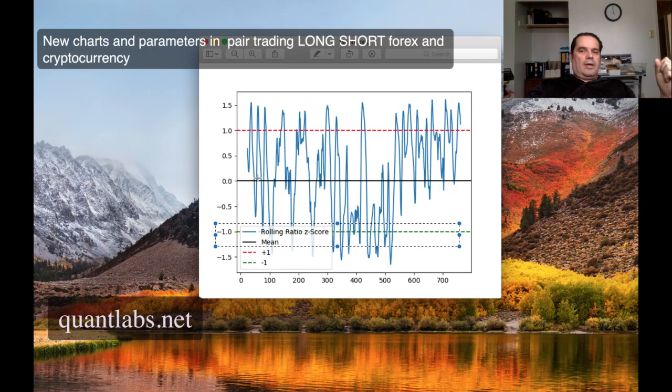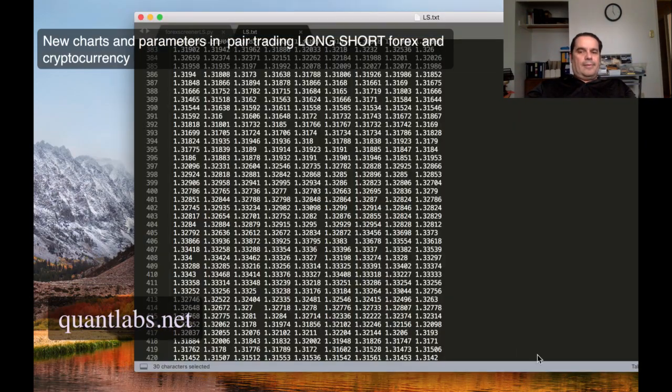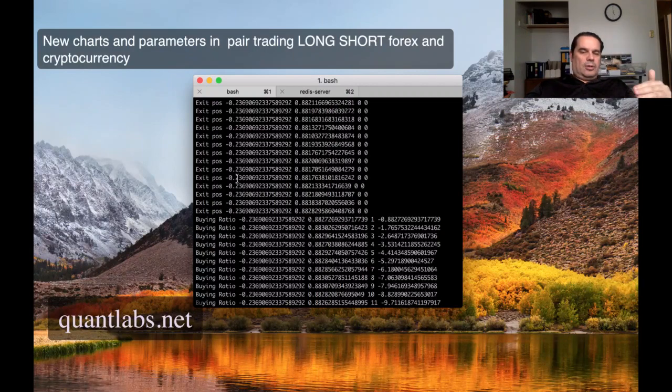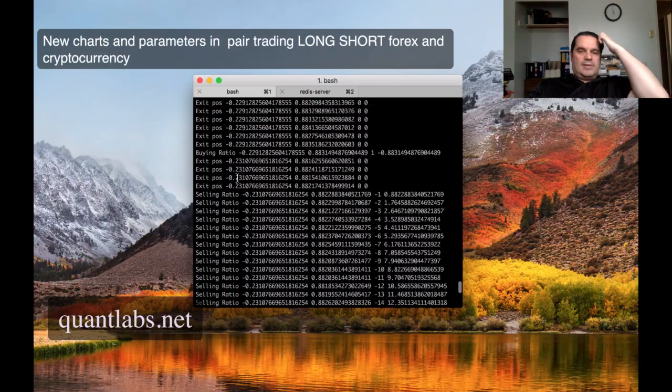So here's the mean of it at 0, and then we set parameters of 1 and -1, which essentially is the short and the buy of the buy and sell signals, and that's what we generate in this right here, the buying ratio between the two pairs, as well as the result of the exit position and the entry, which still needs to be studied.